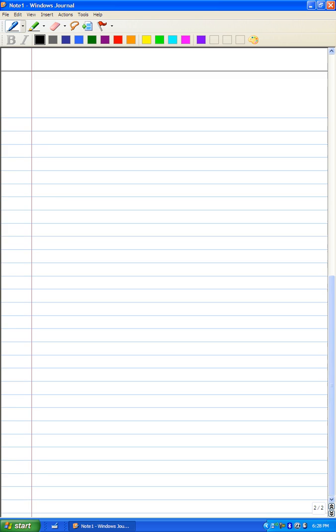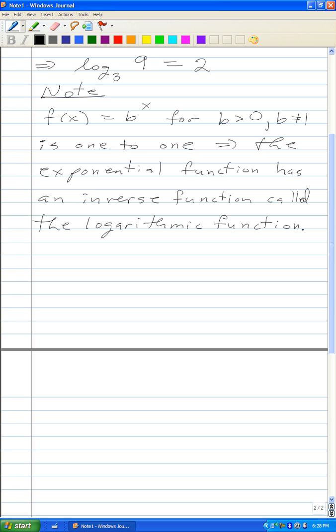So the logarithm is really just the inverse of the exponential function.